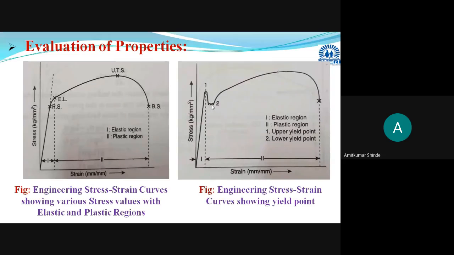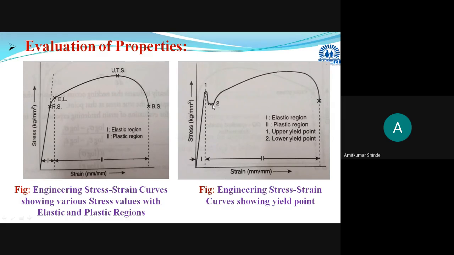At that point stress remains almost constant, but strain value increases continuously. That point will be termed as the yield point. Stress is almost remaining constant, but the strain value in that component or material is increasing continuously. That point will be termed as the yield point.